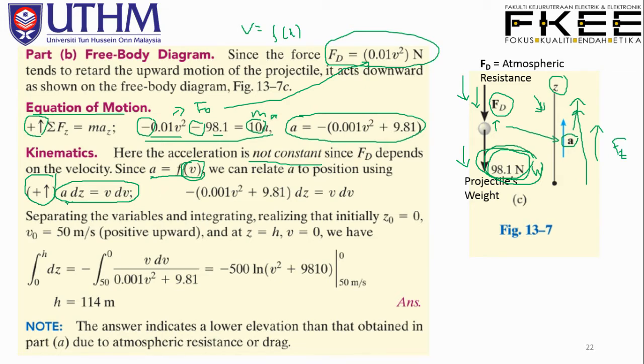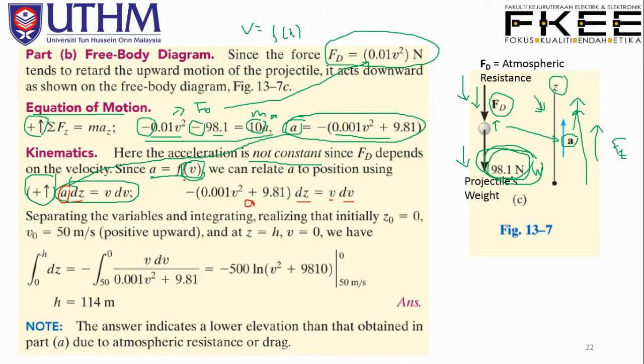So we have A taken from here, this A, negative and so on, into this A, and dz remains dz over here. So this is A, and dv remains dv. All right.